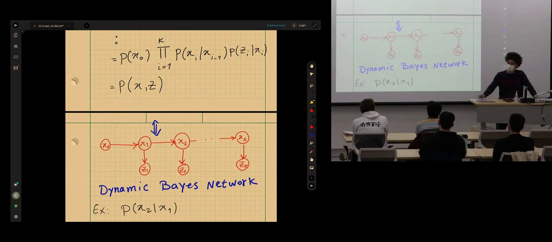Then we have probability of x2 given x1, and not probability of x2 given x1 and z1. Because x1 is the parent node of x2, there is no other arrow that is pointing towards x2, therefore x2 is independent of the rest of the variables.